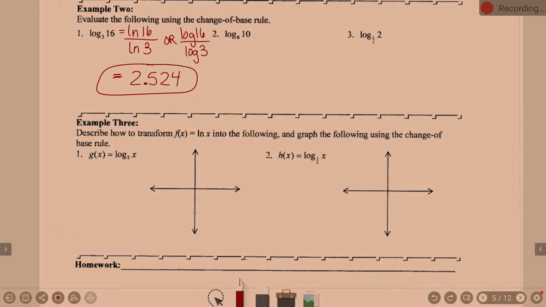What about log base 6 of 10? Natural log of 10 divided by natural log of 6, or log of 10 divided by log of 6.